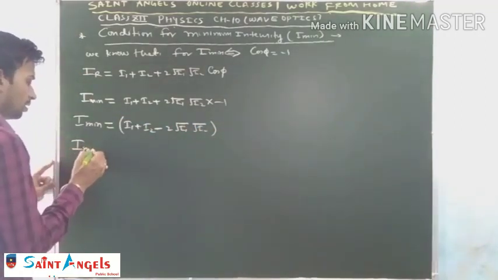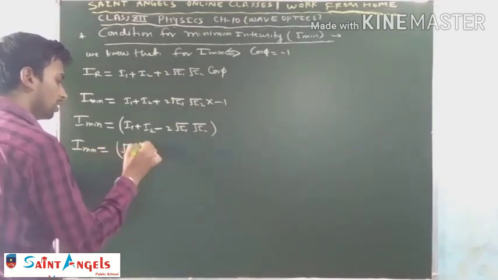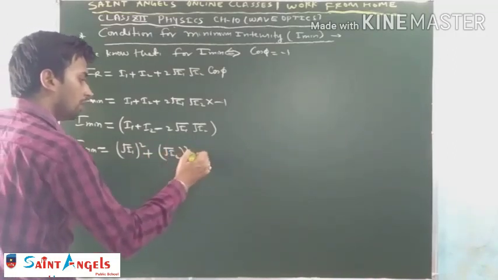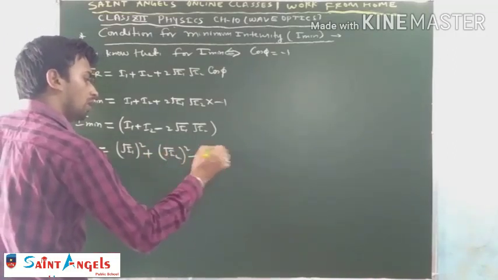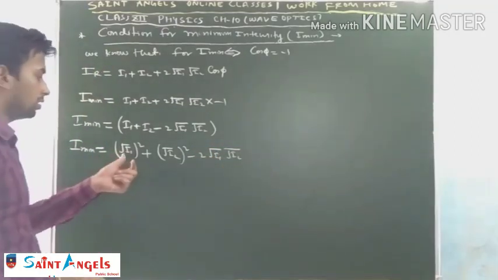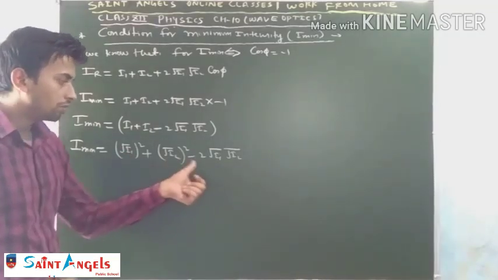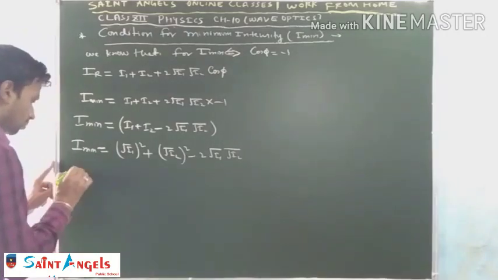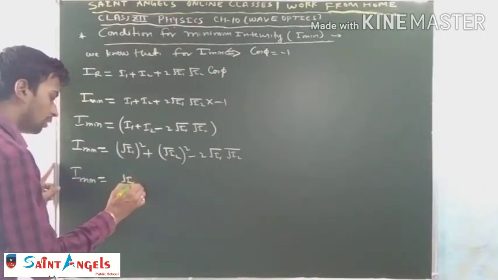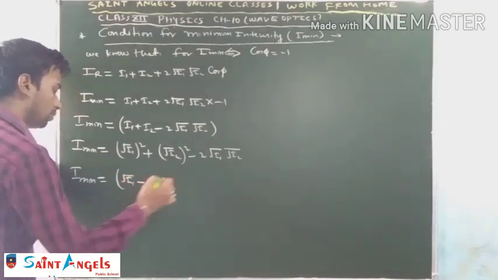It is also written as root I1 whole square plus root I2 whole square minus 2 root I1 root I2. Student, this is the formula of A minus B whole square: A square plus B square minus 2AB. So minimum intensity is equal to root I1 minus root I2 whole square.